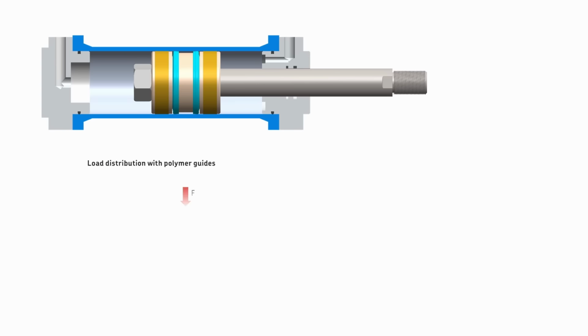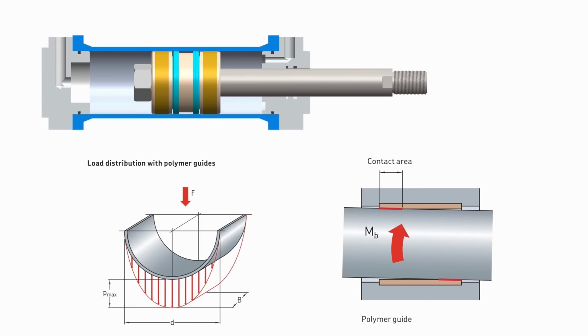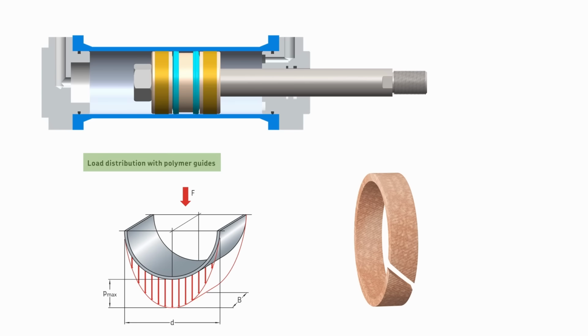These materials have a higher degree of elastic deformation, providing a large contact area and better utilization of the guide width against the bending moment due to radial load on the piston and rod as compared to metallic bushings. So usually we use plastic materials as guide rings.